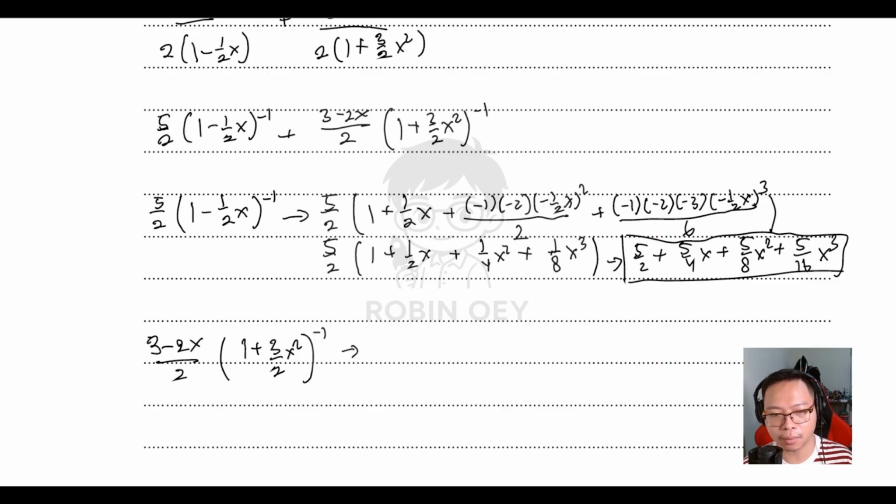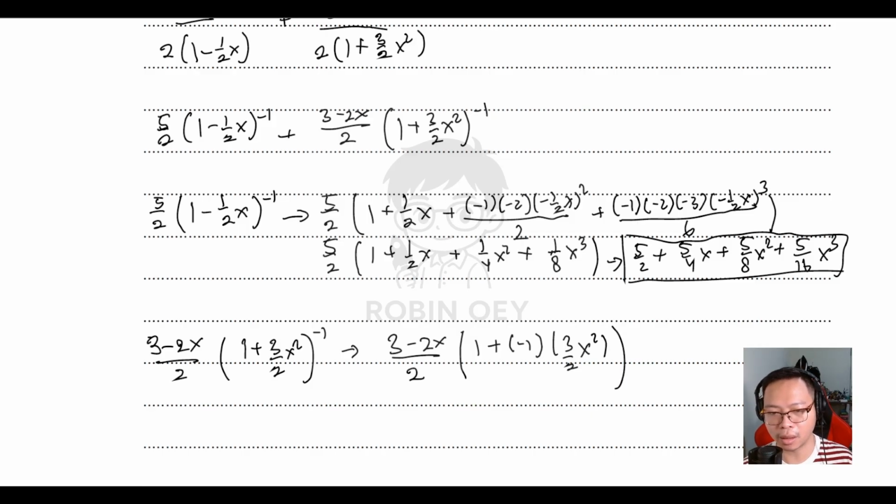So we rewrite 3 negative 2x over 2. And then the first term is always 1. Okay, and then the next term would be plus negative 1 times 3 over 2x squared.